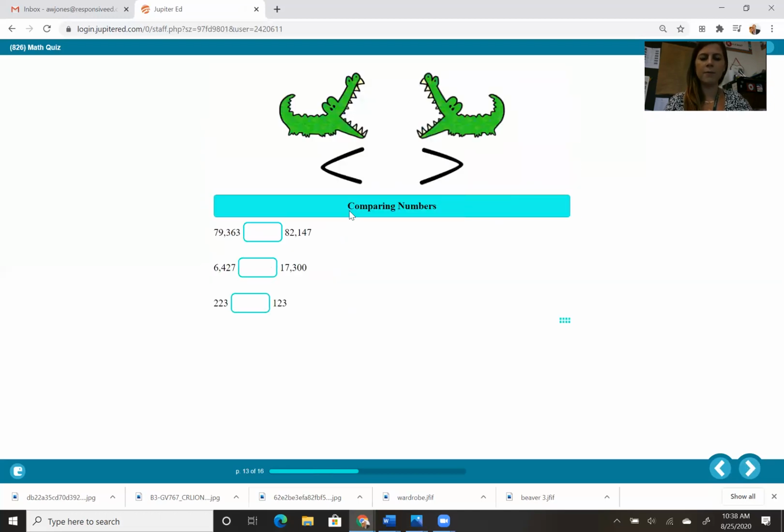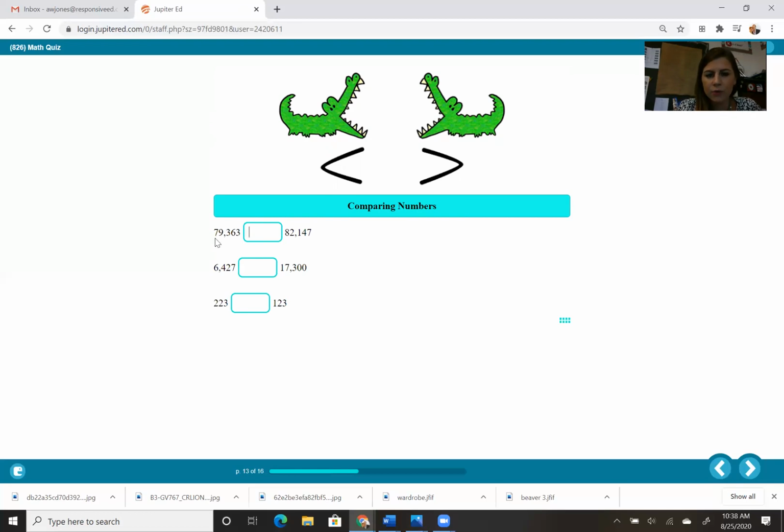All right, comparing numbers. Now I put this image up because I want you to remember that where the alligator mouth is open to, it wants to eat the bigger number. So 79,363 is greater than or less than 82,147.